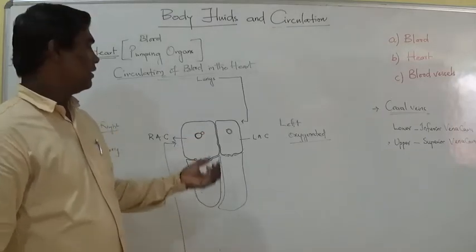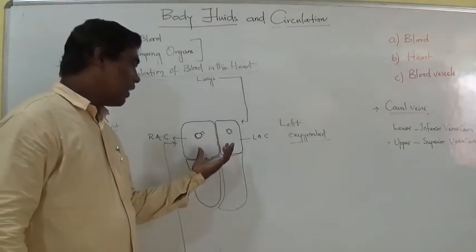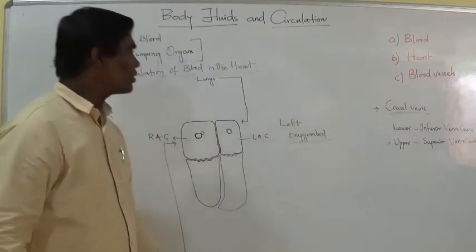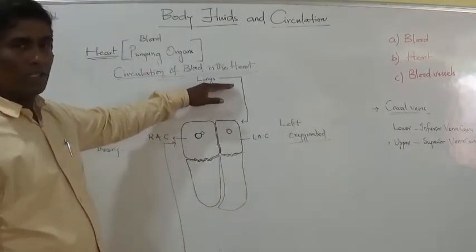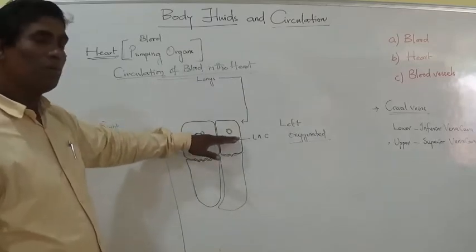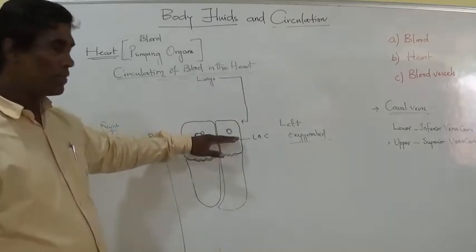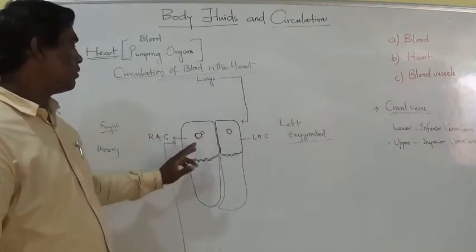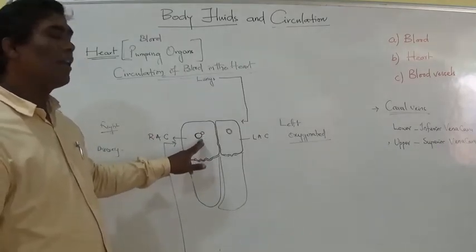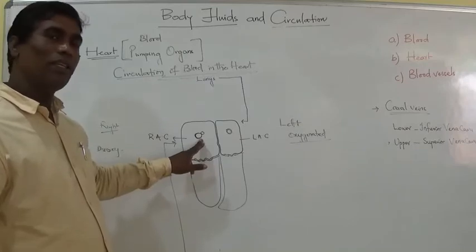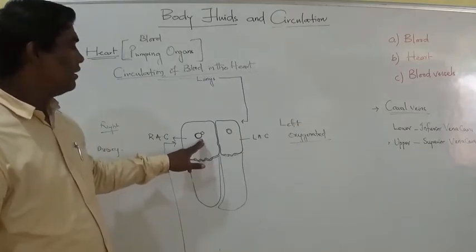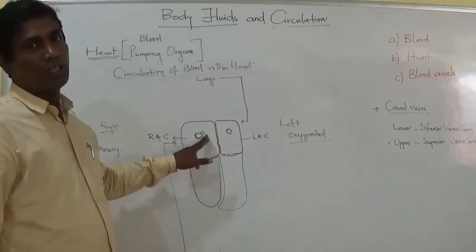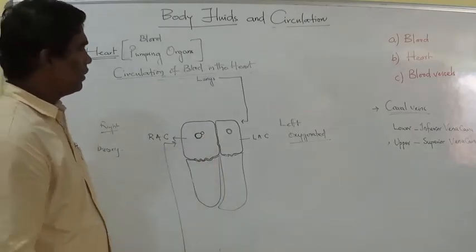Make it clear: when the heart is in a resting state, the deoxygenated blood from the tissues and the oxygenated blood from the lungs are poured into the upper chambers, which are called receiving chambers. The impure blood is poured into the right auricular chamber by two openings: the caval veins and the coronary veins.